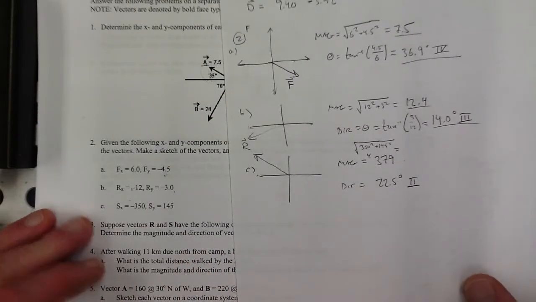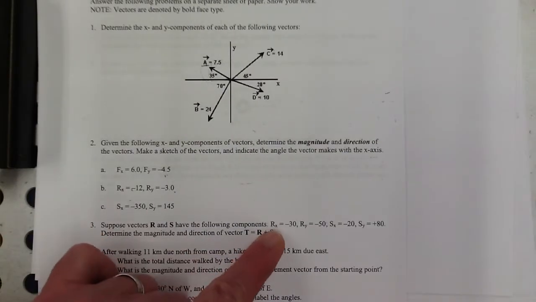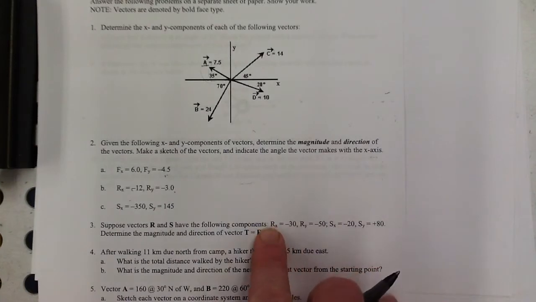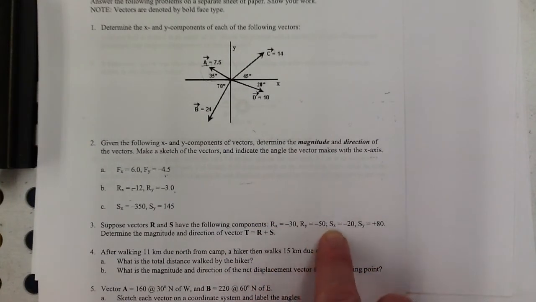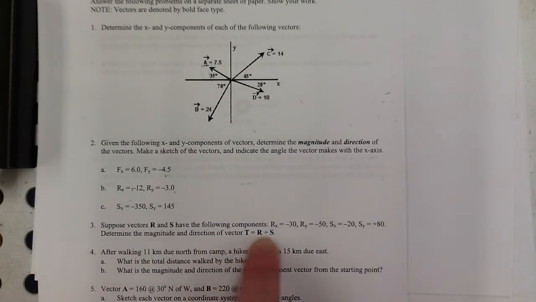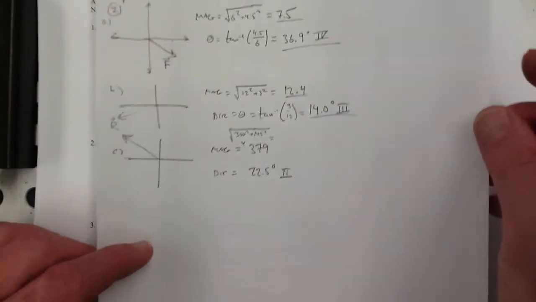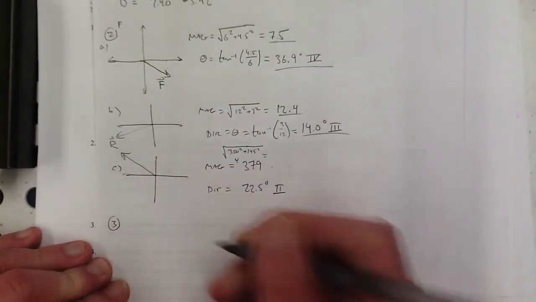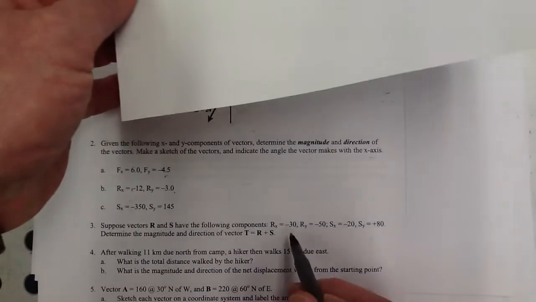Suppose vectors R and S have the following components. So here's the x and the y of the R vector, and here's the x and the y of the S vector. Determine the magnitude and direction of vector T, which is the sum of them. Okay, now we're getting more like the example of the notes, except for these ones are already broken up into the x and the y for you.